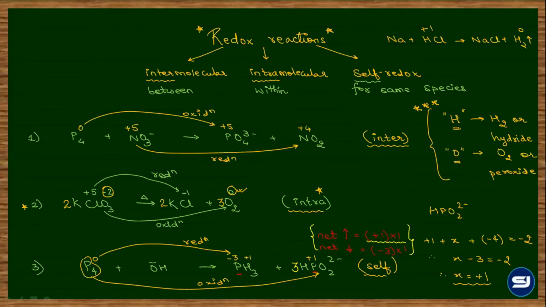Now look at the balancing of phosphorus. P plus 3P, is it balanced? Yes, sir. It will automatically get balanced. मतलब क्या हुआ इसका? 4 phosphorus are splitted into 1 in PH3 and 3 in the other species, right?